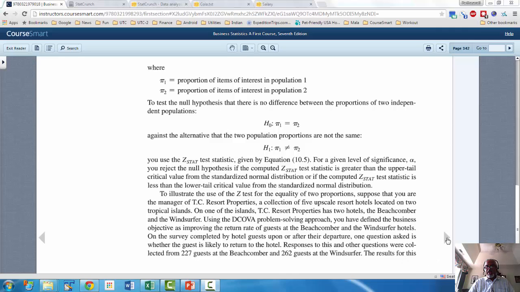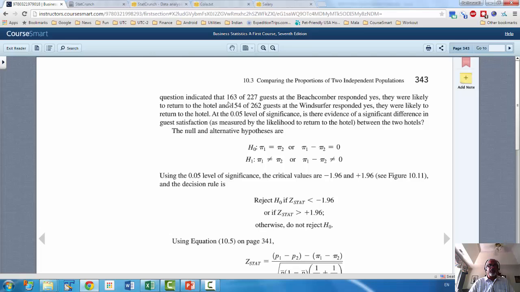And their response was 163 of the 227 responded yes, they would return, and 154 of 262 at Windsurfer responded yes, that they would return. So now we want to test whether the true proportion of guests who would return is the same for the two hotels or not. So let's define these concepts and do the test. So let's go to Excel.